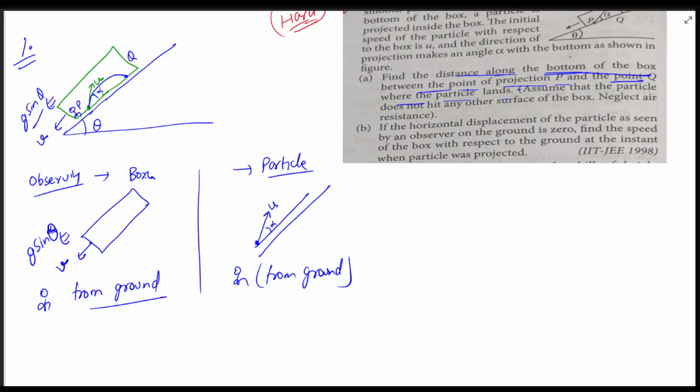But as the box has initial velocity v, this particle must have initial velocity v here as well. As soon as it leaves the base of the box, it will have g sine theta here, because the incline has an angle theta, and it will have g cos theta here. So from outside we see this particle going like this.